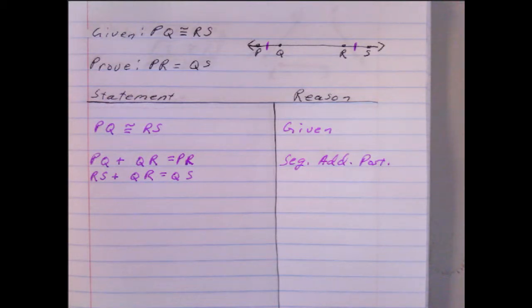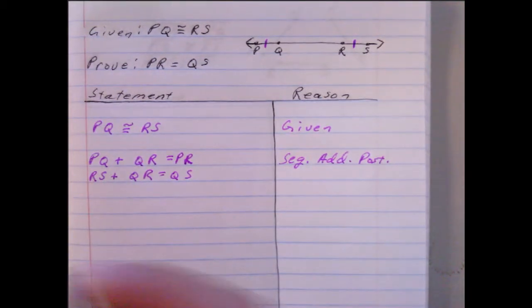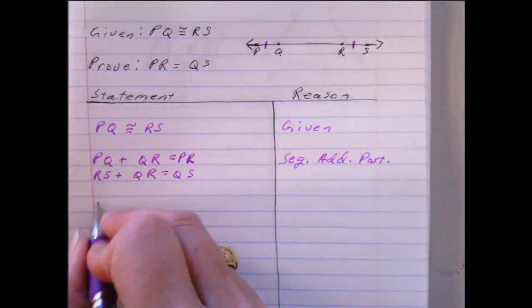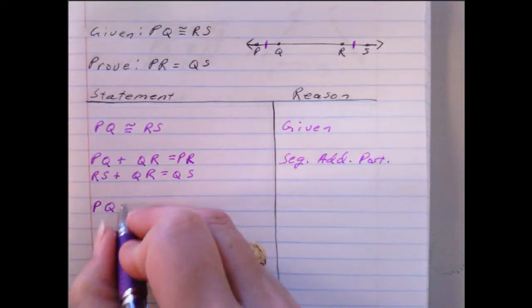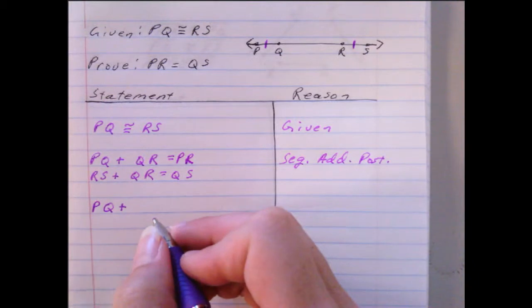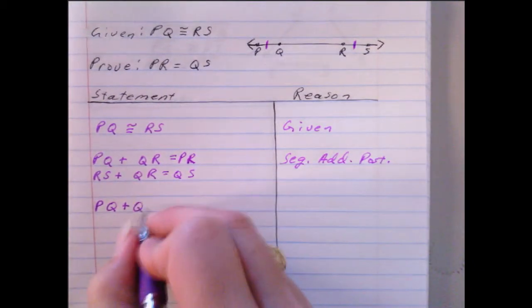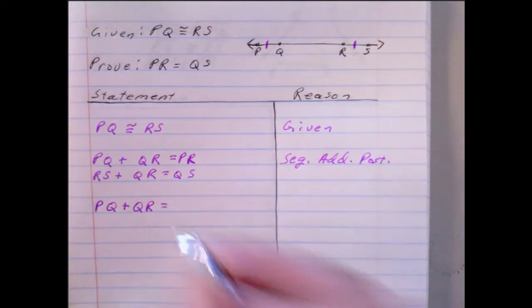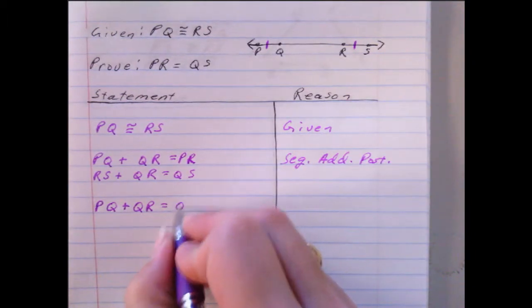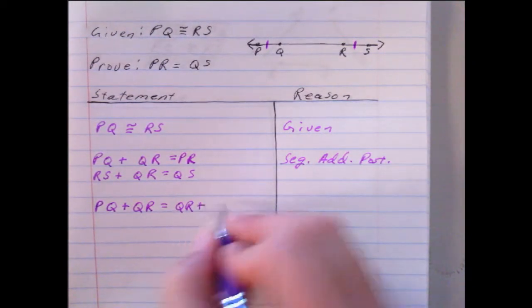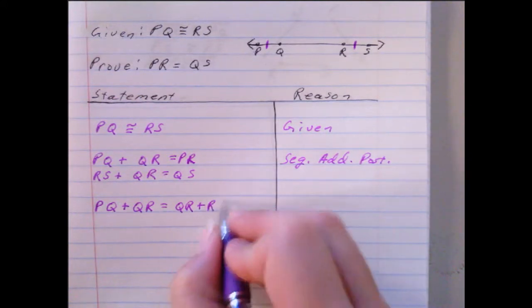Alright, so then the next thing we're going to be doing is just our addition property. We have PQ plus QR equals QR plus RS.